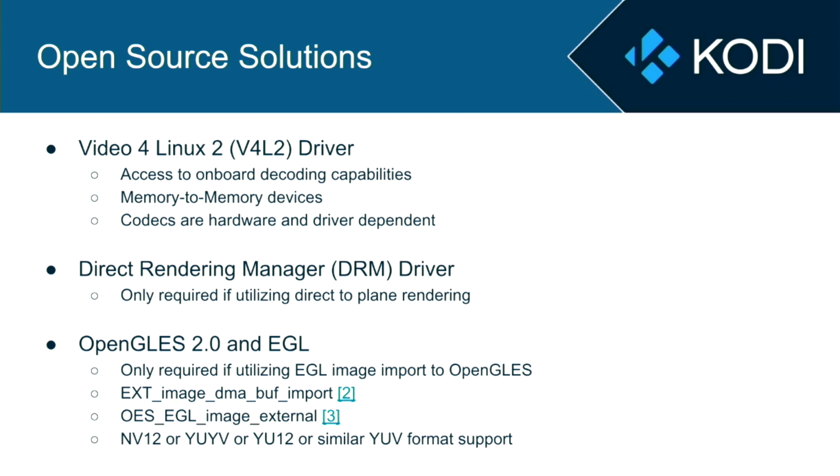There's a lot of movement in the Linux kernel for V4L2, and we're really happy to see that. There's a lot of support. I'll go over support for various boards a little later. There is still a bit of an influx in the V4L2 subsystem right now, but hopefully that will get merged pretty soon.